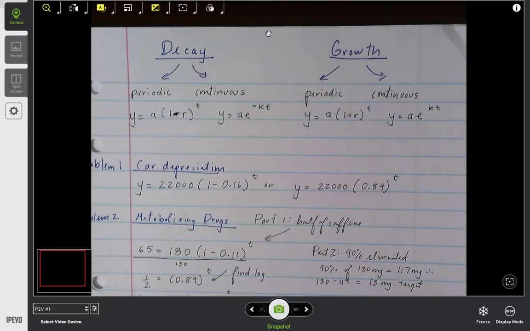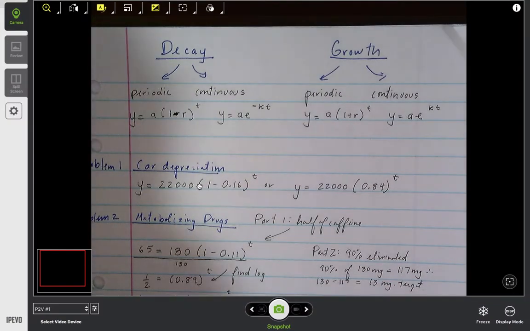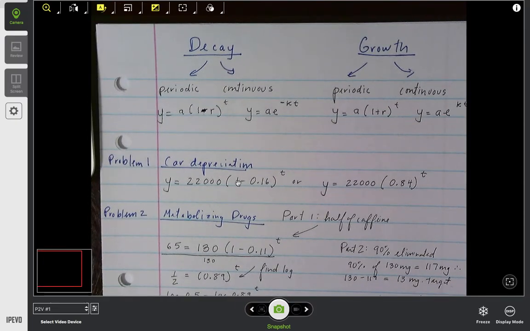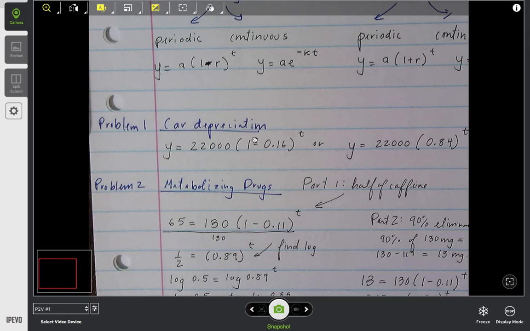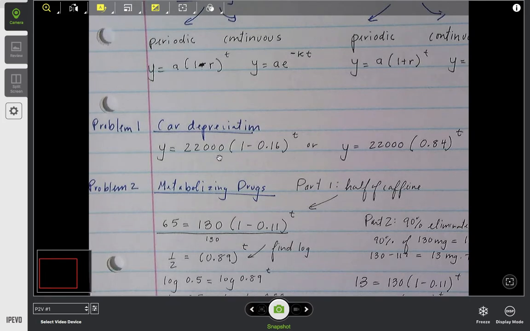Finally, with respect to that problem, I just wanted you to see that one way to take stock of what that car is worth is to use this periodic depreciation formula, A times (1 minus r) to the t power. The initial value of the car in our example was $22,000.